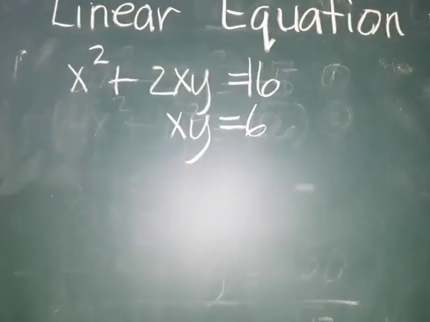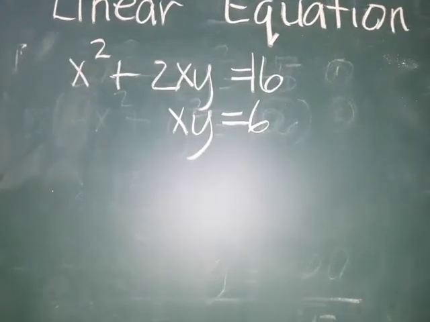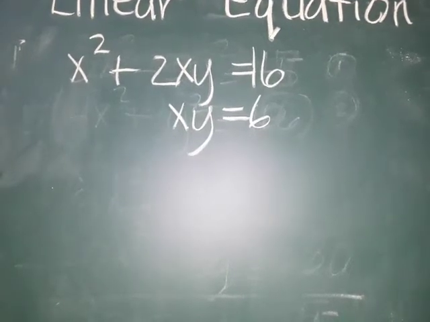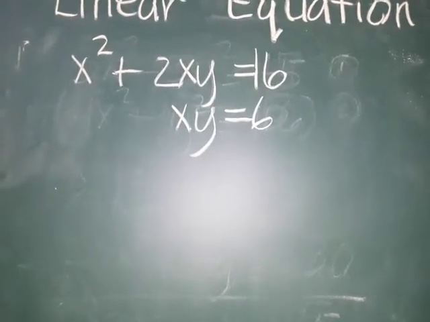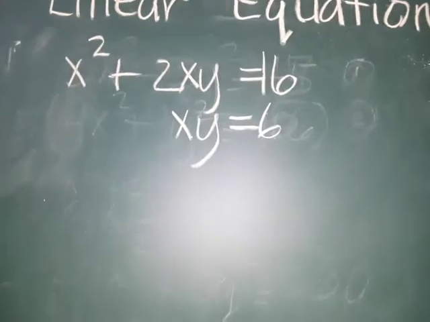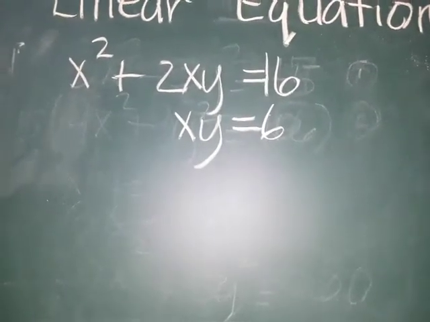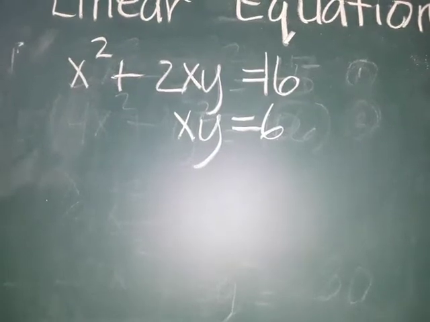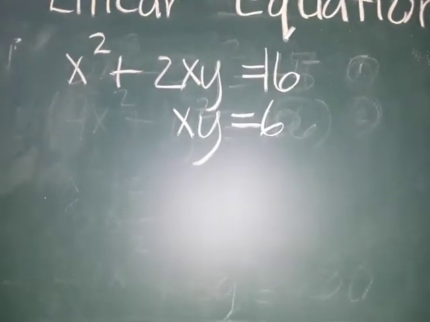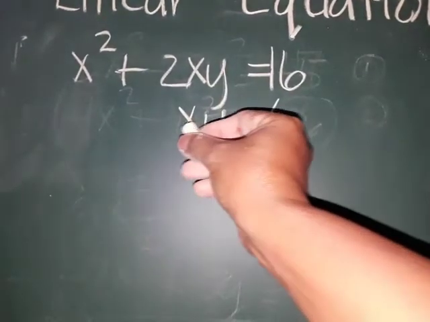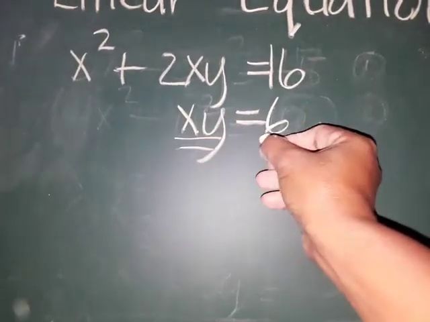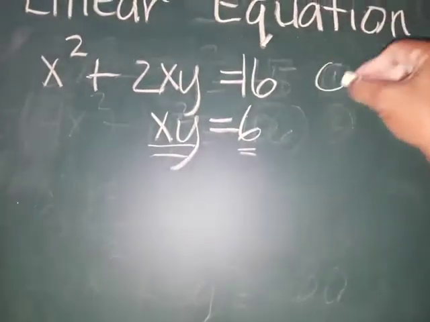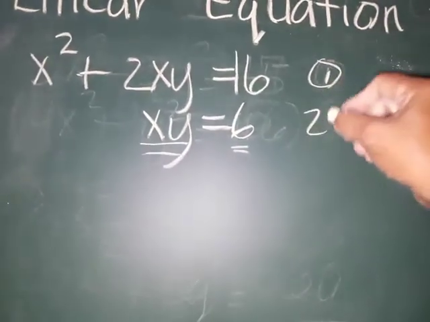So for our example number 3, we have here x squared plus 2xy is equal to 16 and xy is equal to 6. Okay, so in here, no need to use elimination. Let's just use substitution, okay? So, since we have already xy, which is equal to 6, so let's substitute this in here. So, this is equation 1, equation 2.